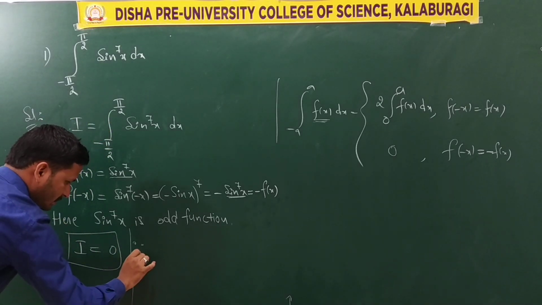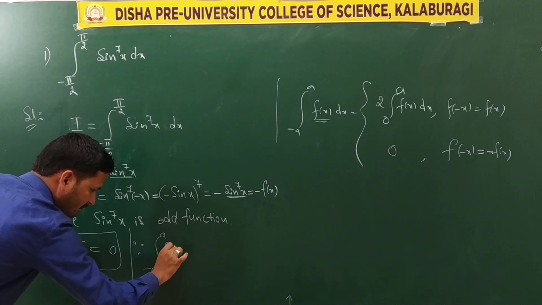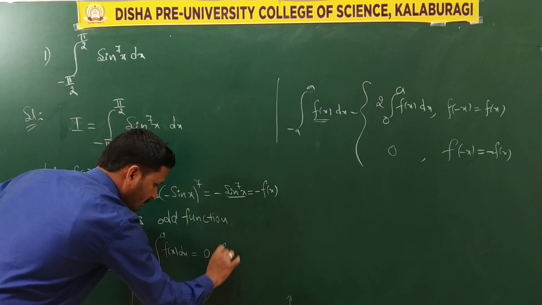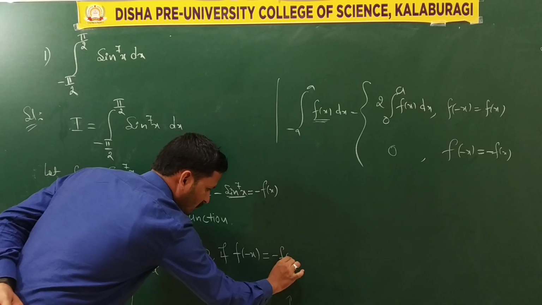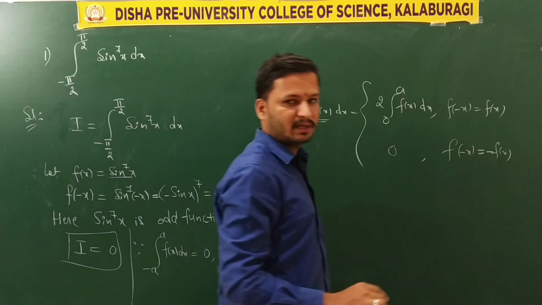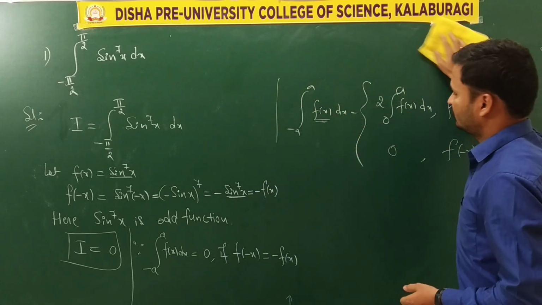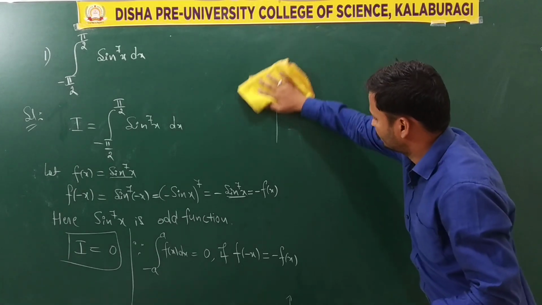The reason is integration from minus a to a f of x into dx is equal to 0 if f of minus x is equal to minus f of x. Property number 8. So remember the properties as much as possible. Okay.